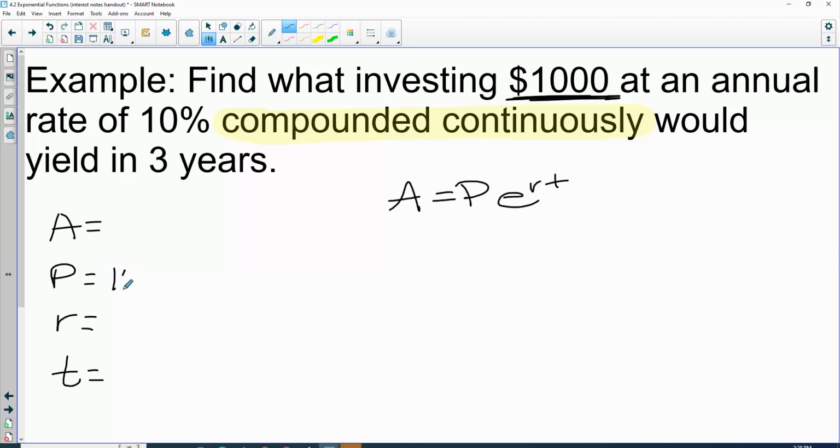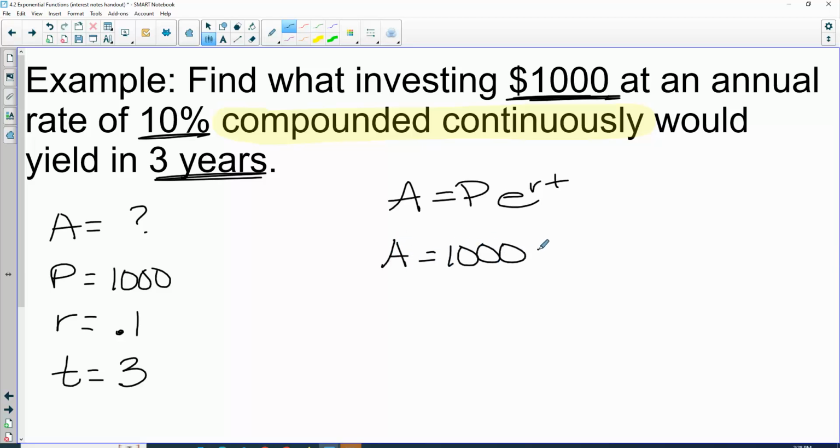P. An annual rate of 10%, R is 0.1. Yield in 3 years, so that's my time. I'm finding what it would yield, so I'm looking for my A here.